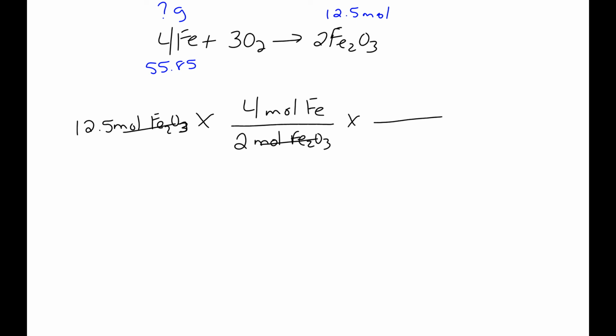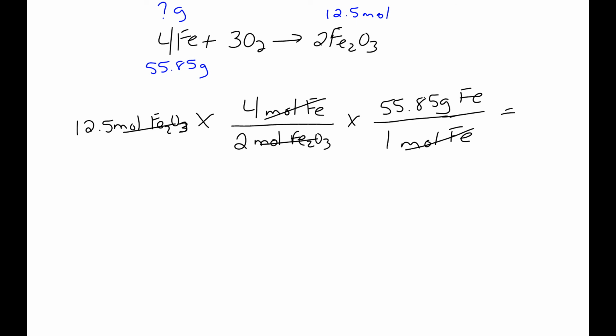And next is my molar mass, which goes on top, 55.85 grams. Oh, I didn't put the grams here. Grams of Fe. Now remember, you have to have number, unit, substance. If you don't, I count off.